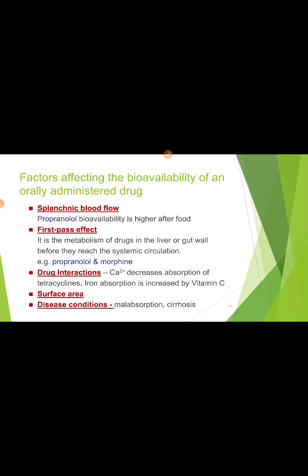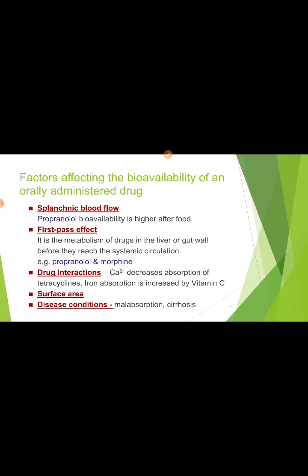And the other disease is cirrhosis. There are many diseases which affect the absorption of the drug when it is given by oral route. Cirrhosis is where the liver is damaged, so there is no metabolism and the processes are not happening in the liver, and no active metabolite reaches the circulation.